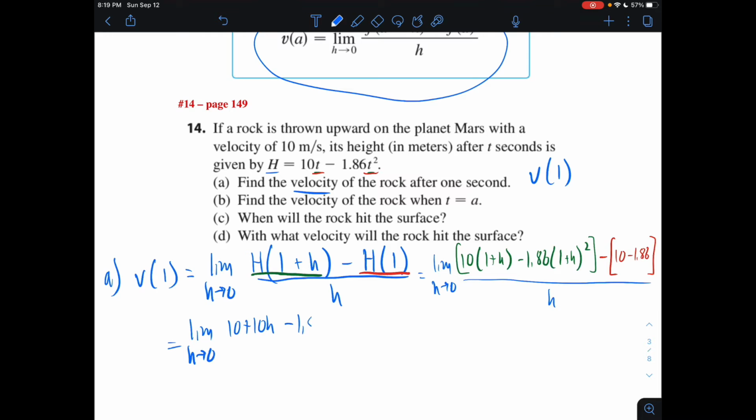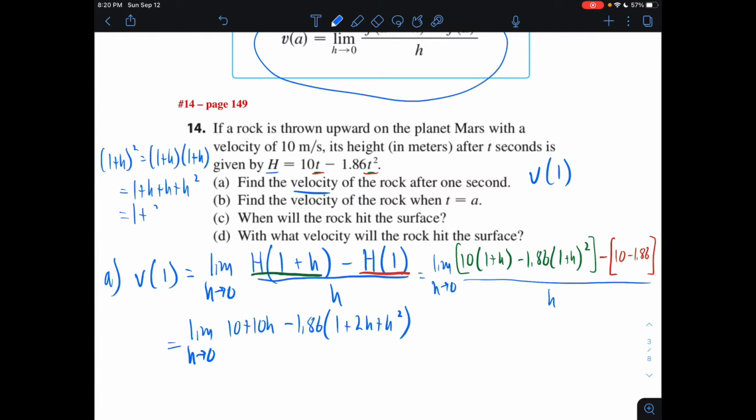Minus 1.86 times 1 plus h squared, which is 1 plus 2h plus h squared, where all I did was just take 1 plus h and square it, which means 1 plus h times 1 plus h. Using the FOIL method, that's 1 plus h plus h plus h squared.